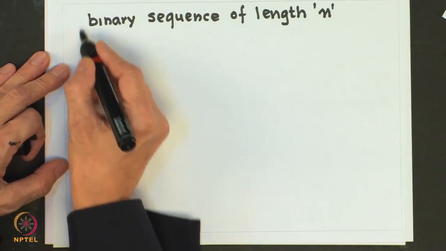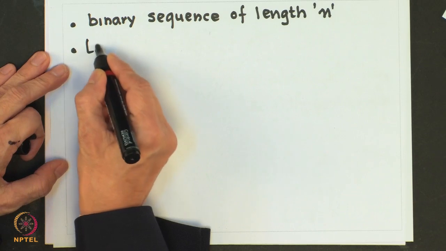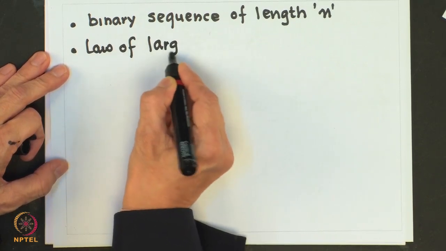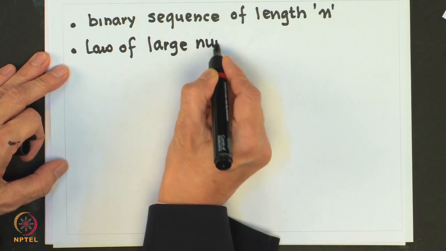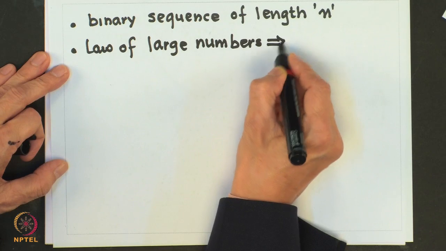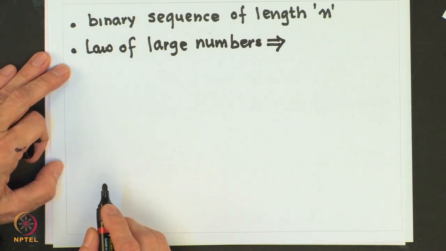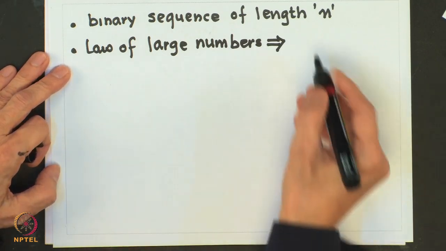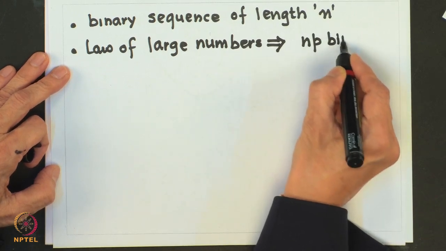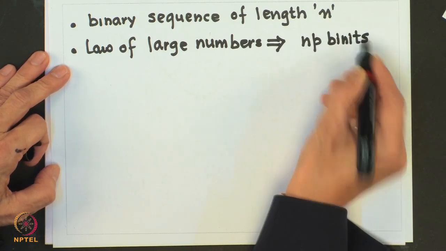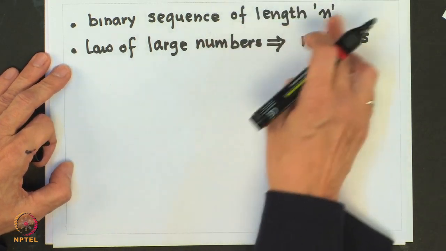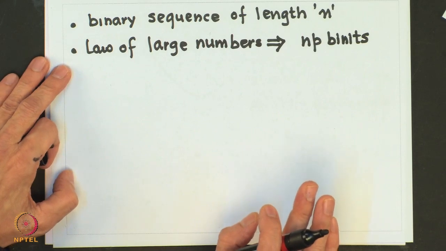So, what it means is that by the law of large numbers, for n large, approximately np bits will be received in error in this sequence of length n.